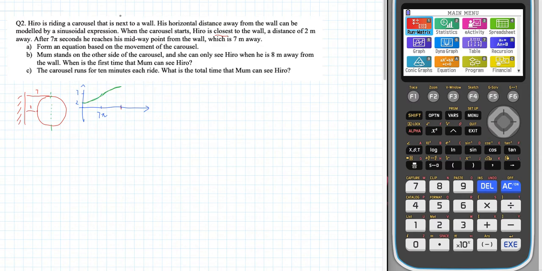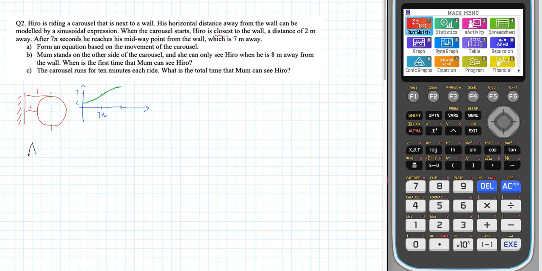Let's find out, based on this, how we can write this as a sine or cosine function. Now we understand if you want to model a scenario into sine or cosine, you need to figure out what A, B, C, D are. A stands for amplitude. Let's figure out what A is going to be first.